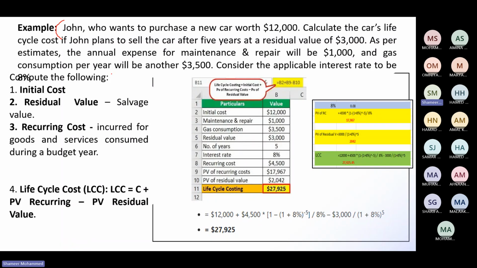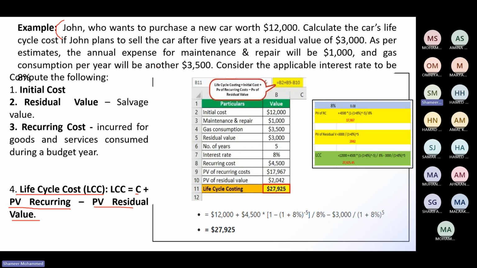Now see here the formula. Life cycle cost, you need to remember this one. Life cycle cost is equal to the initial cost C plus planned value of recurring cost, minus planned value of residual value. Residual means salvage, the diminishing value you have.